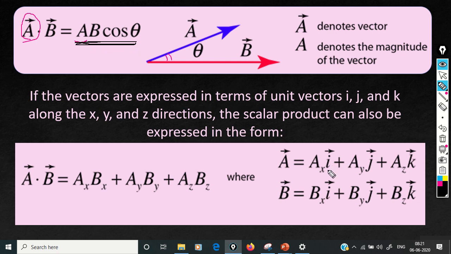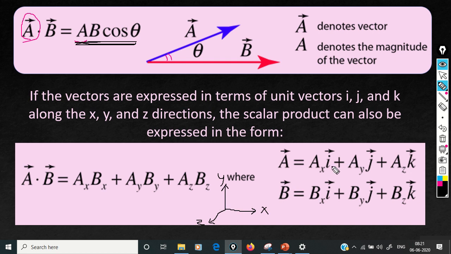We know the x-axis and y-axis are perpendicular to each other. If I draw here, let us say this is my x-axis, similarly this is the y-axis, and let us draw the z-axis here. What I observe is that the angle between all three mutually is 90 degrees.